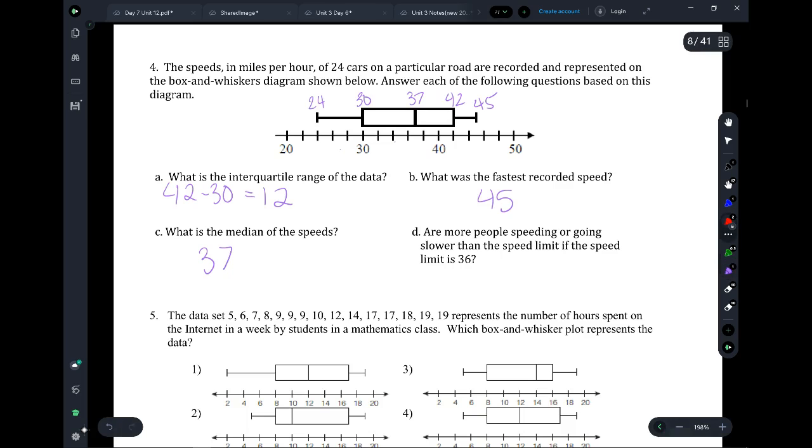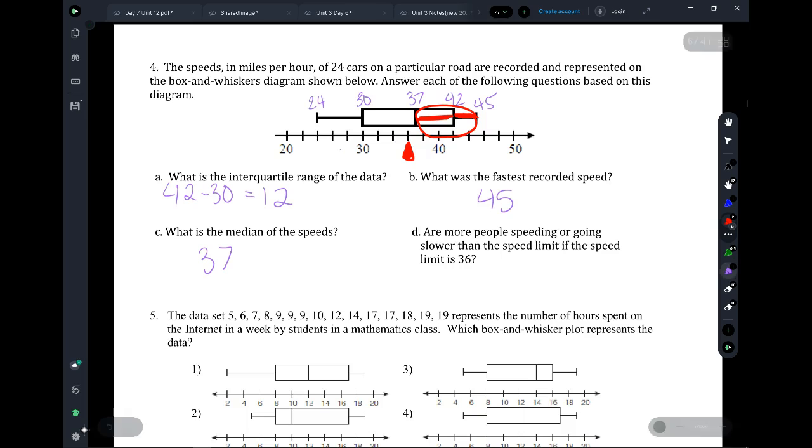And then it says, are more people speeding or going slower than the speed limit if the speed limit is 36? So 246, here is our speed limit, which is a weird number to have a speed limit set at. Well, because this piece and this piece account for 50% of the data, and that 50% is above the speed limit.